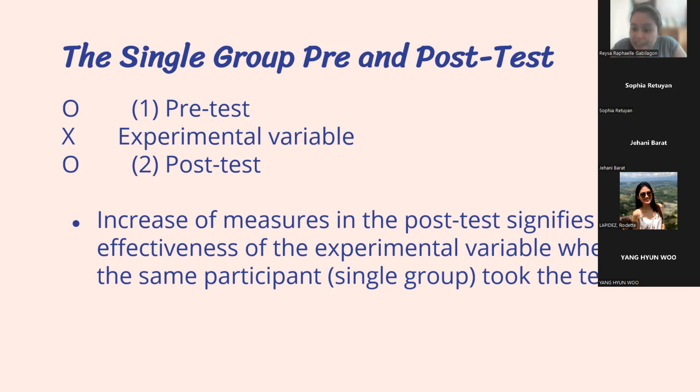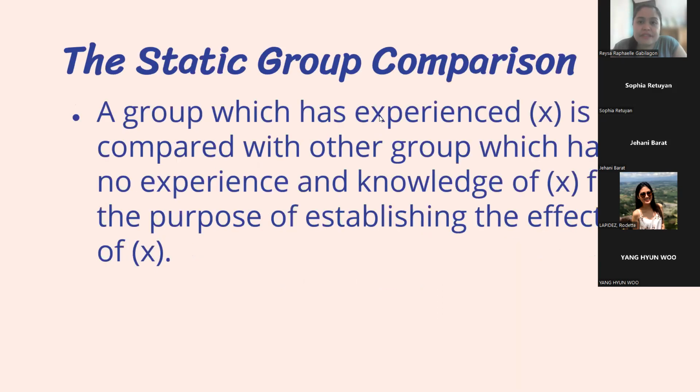And then after that, after giving the treatment, you will again check their blood sugar level. That is called the post-test. Okay, so since they are one group only, you don't have a control, we call that single group pre and post-test experimental research design.